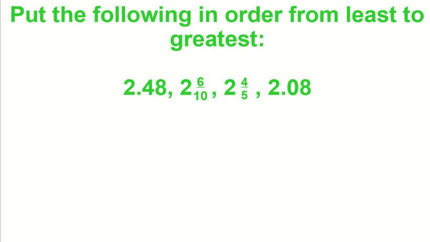Go ahead and give this a try then. Put those in order from least to greatest. Since all 4 of those numbers are 2 something, the whole number part of it doesn't really matter.